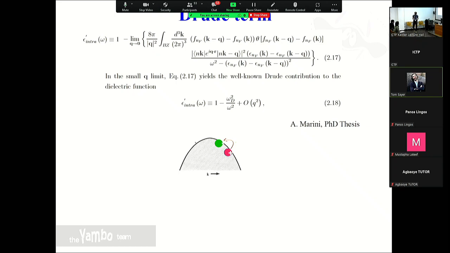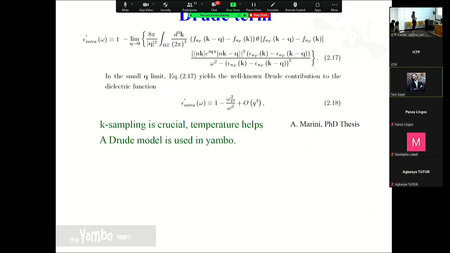If it's a 3D metal, you can use this Drude model. You can try, and it will add this Drude term to the response function, and you can include that both in the screening and in the final response function.